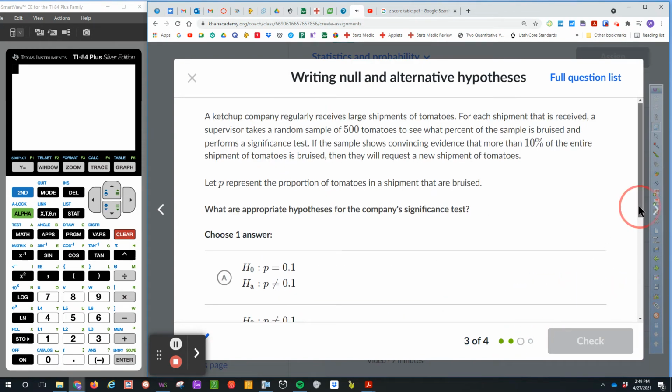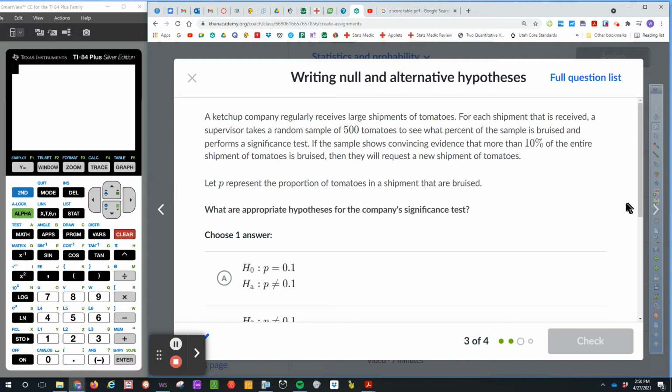Okay, so a ketchup company regularly receives large shipments of tomatoes. For each shipment that is received, a supervisor takes a random sample of 500 tomatoes to see what percent of the sample is bruised and performs a significance test.